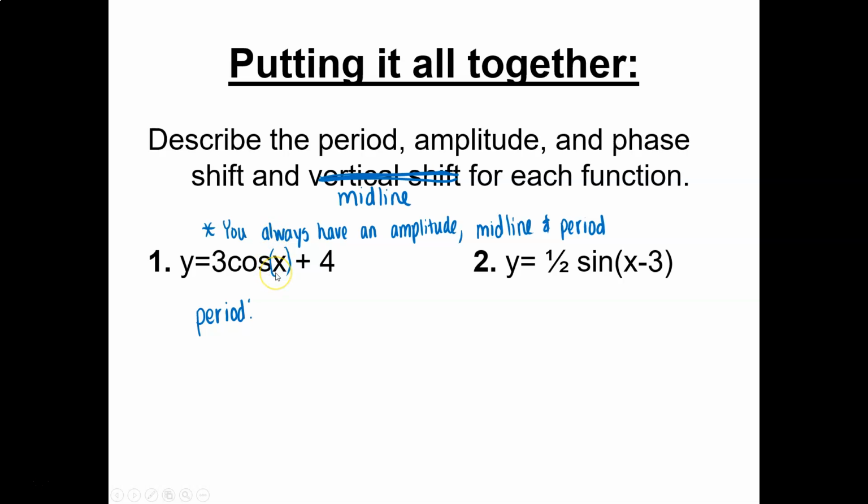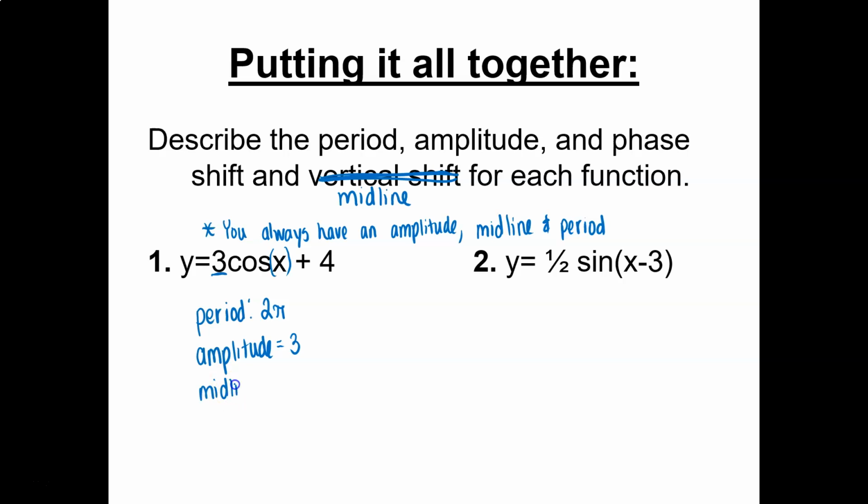There's nothing there, so what is there is just like a 1. So 2 pi divided by 1 still gives me 2 pi. There are no horizontal stretches or shrinks that would change that period. Our amplitude comes from this number out front. It would be 3.